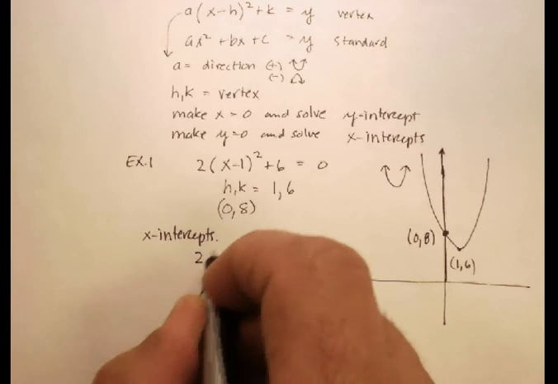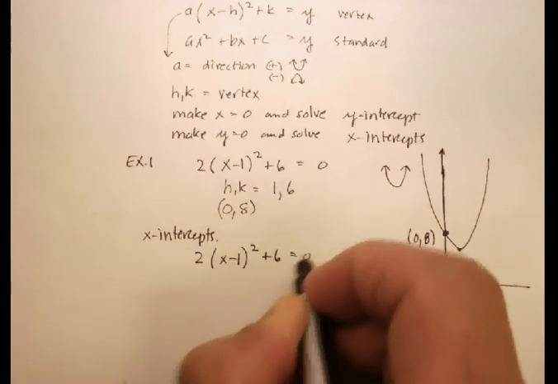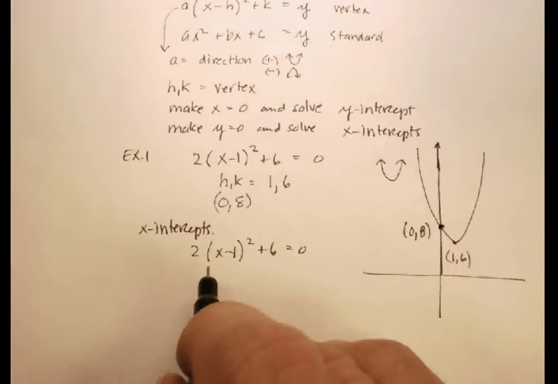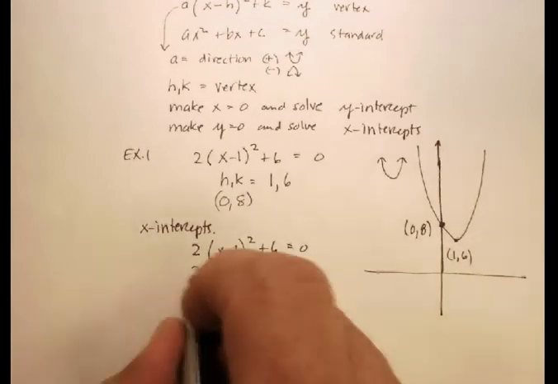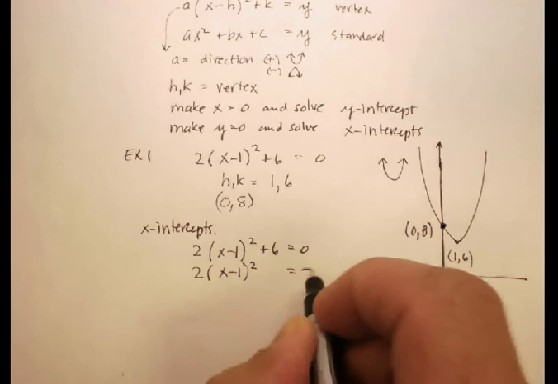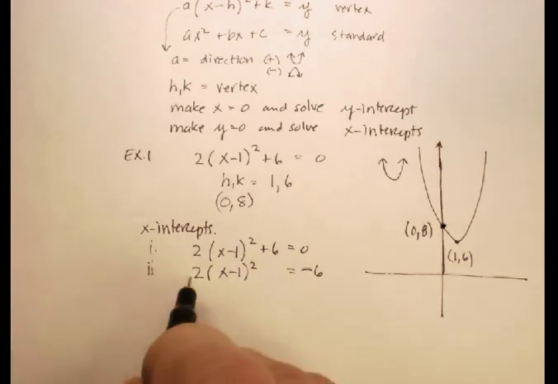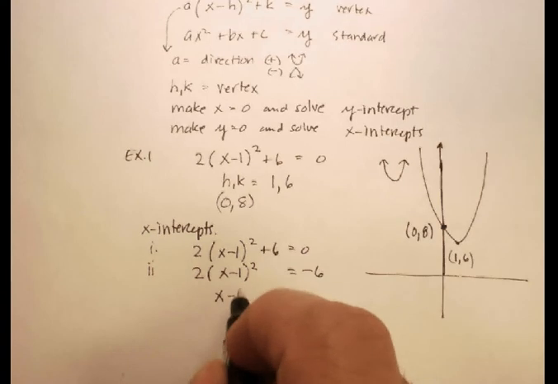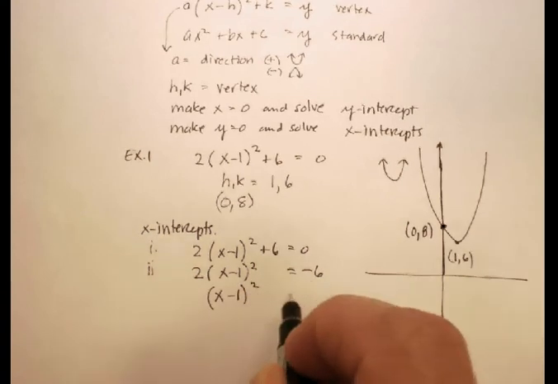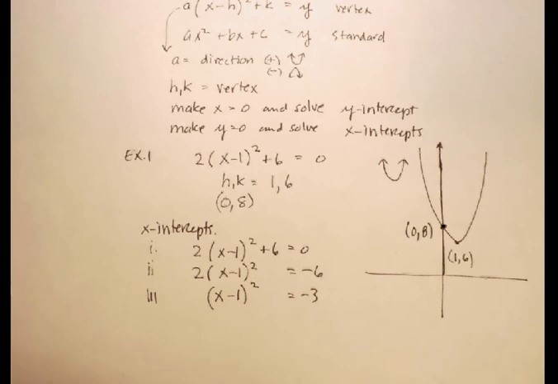Let's solve now for where the x-intercepts are located. So again, my equation, let me just rewrite this quickly. Let's find the x. Subtract 6. Keep track of your work. Let's divide by 2. Let's take the square root of both sides.